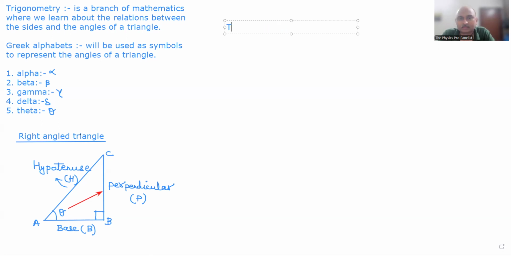The sides and the angles of a triangle are related with each other by some trigonometric functions.